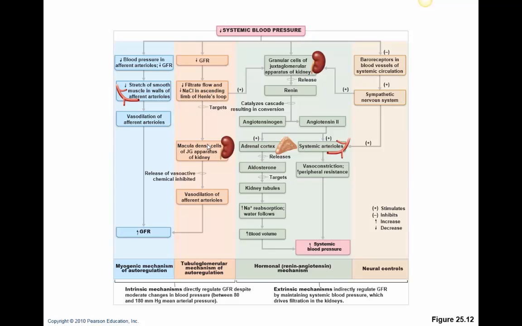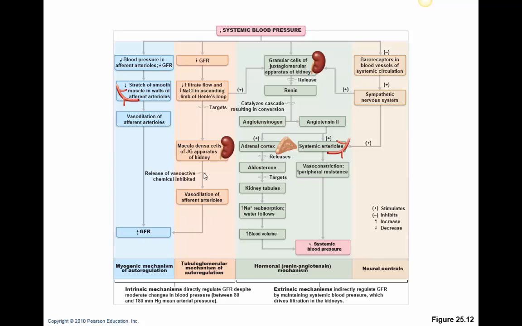The macula densa cells in the walls of that tubule detect a decreased flow of sodium, and those chemoreceptors are going to secrete a chemical to cause, again, dilation of that afferent arteriole. We talked in lecture last time that that chemical is nitric oxide, which causes dilation of the afferent arteriole, again acting to increase the glomerular filtration rate.